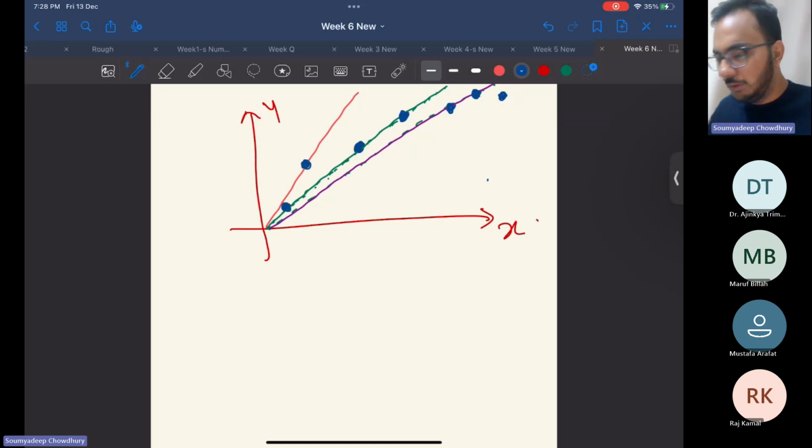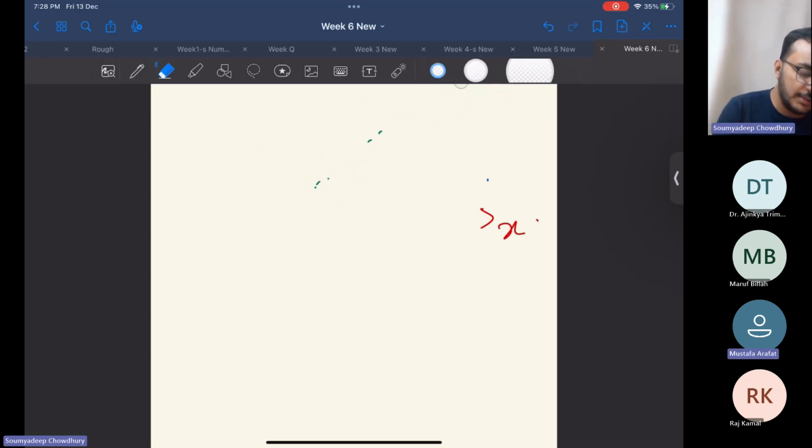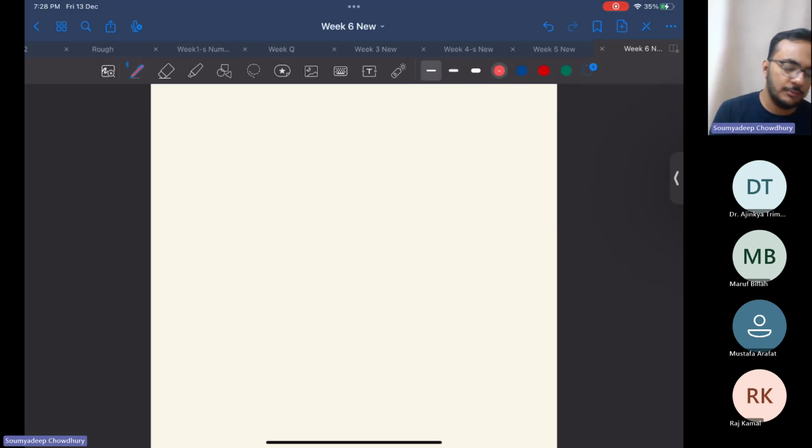Your regression is basically the prediction of the dependent variable, right? So I'll just erase this. Yes, you want to say something, Mustafa? No, sir. Okay.